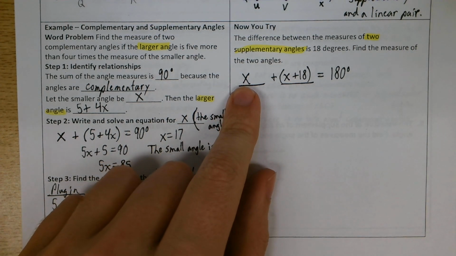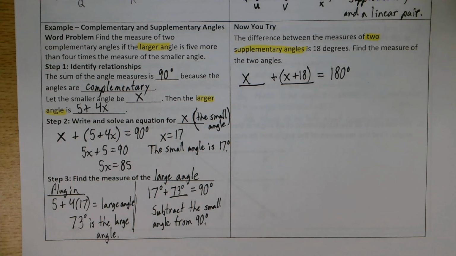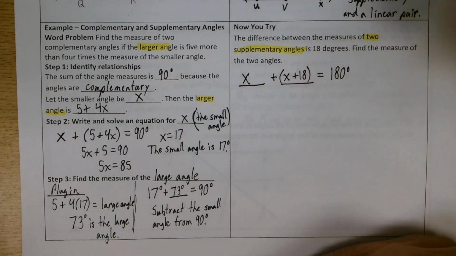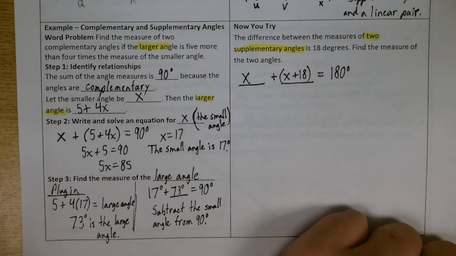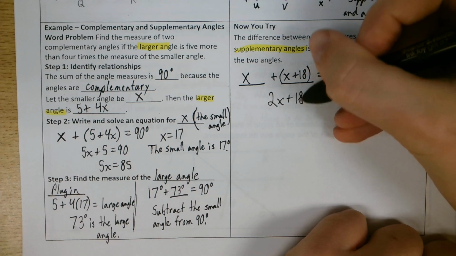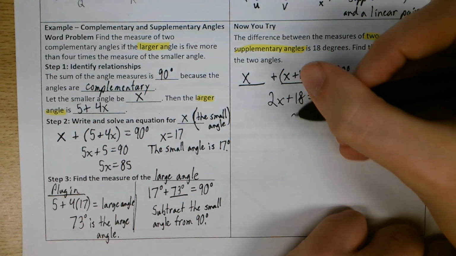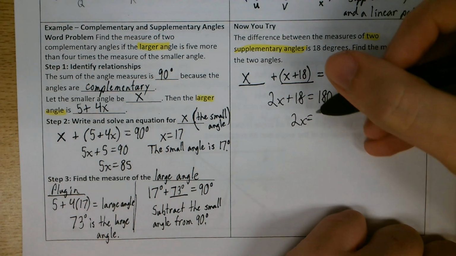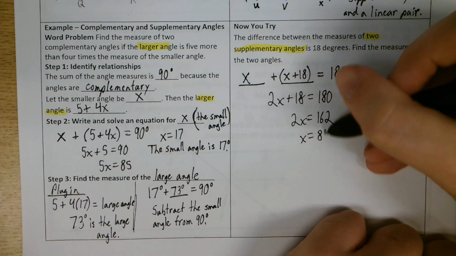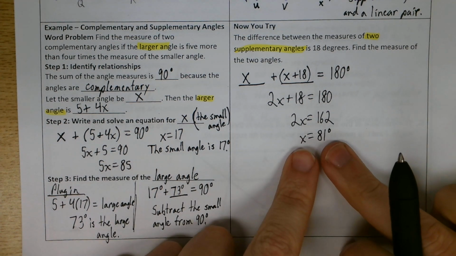That means if x is the smaller angle, x plus 18 is the larger angle, because this one's going to be 18 more than x. Then we just combine terms. We'll have 2x plus 18 is 180. We'll get 2x is 162, or x equals 81 degrees. One of our angles is 81 degrees.